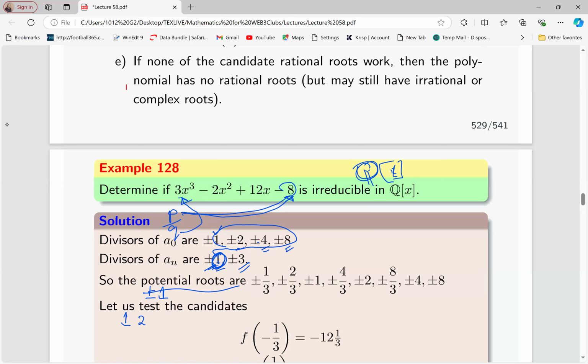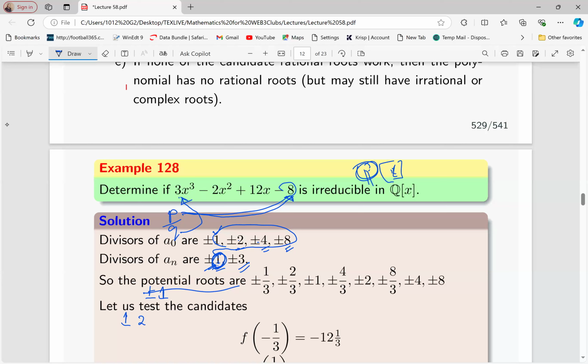That will make so many possibilities. So let me just take +1 and divide it into the values: I'll have plus or minus 1, plus or minus 2, plus or minus 4, and plus or minus 8. Even -1 will give me the same thing.